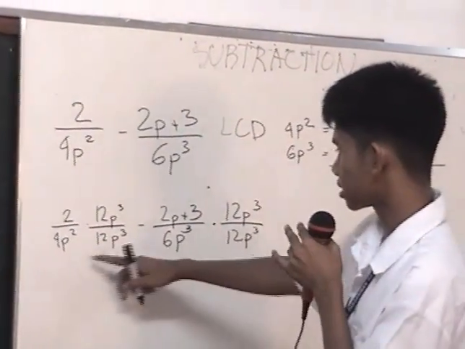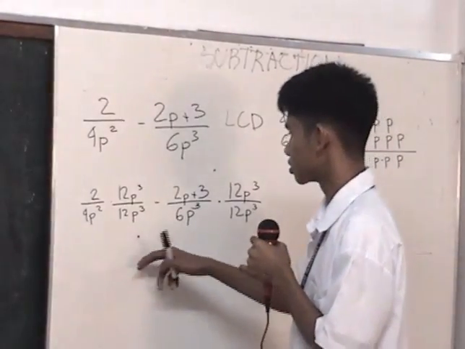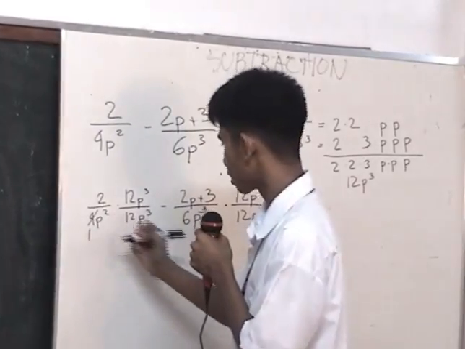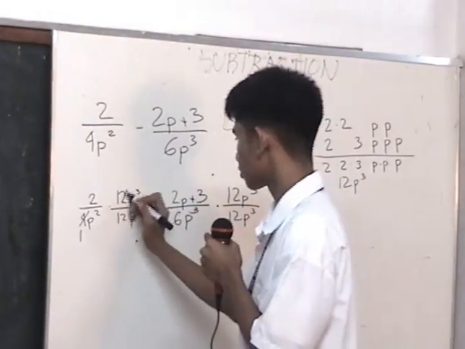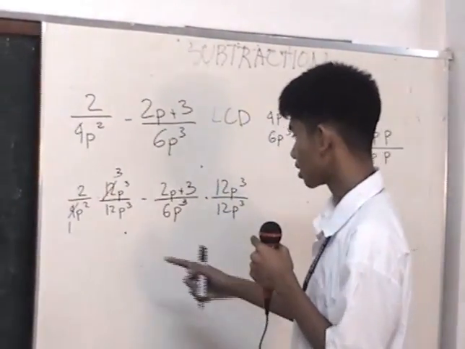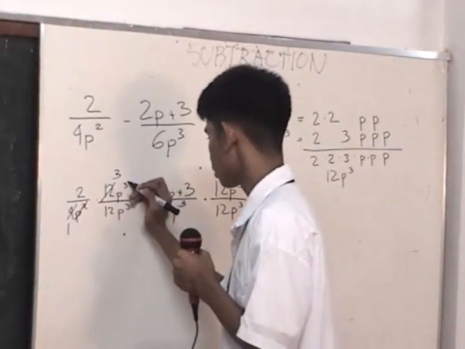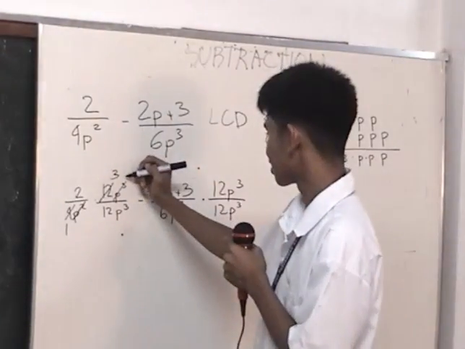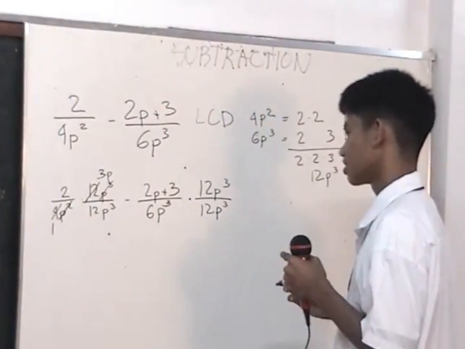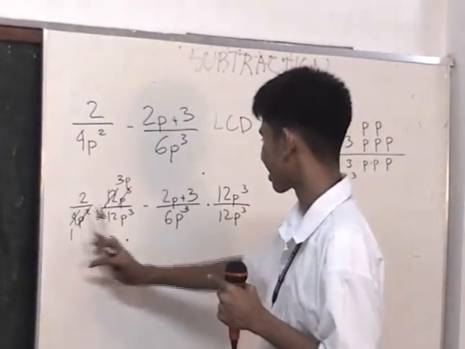We can see that there are common factors. 4 divided by 4 equals 1 and 12 divided by 4 is equal to 3. We cancel also the p, and a p here will remain.